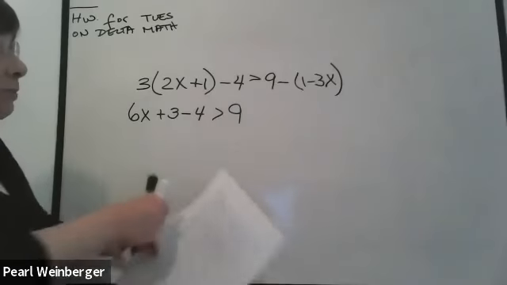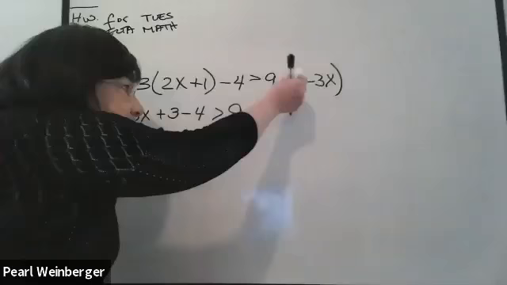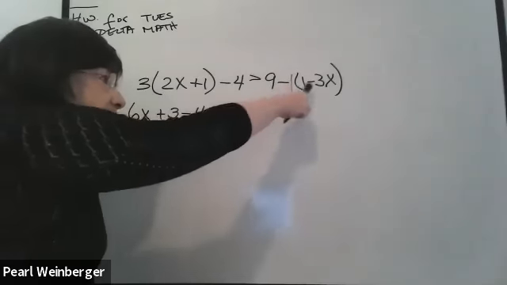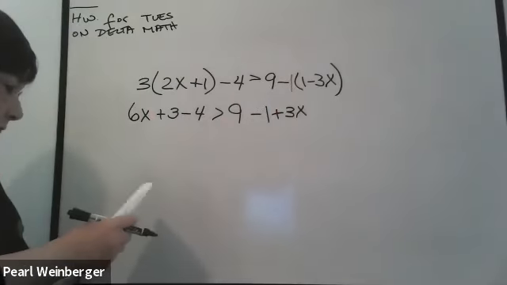Remember that when there's just a plain negative in front of a parentheses, it's as if it's multiplying everything by negative 1. So negative 1 plus 3x, because negative 1 times negative 3x is going to become a positive, a plus 3x. Perfect.